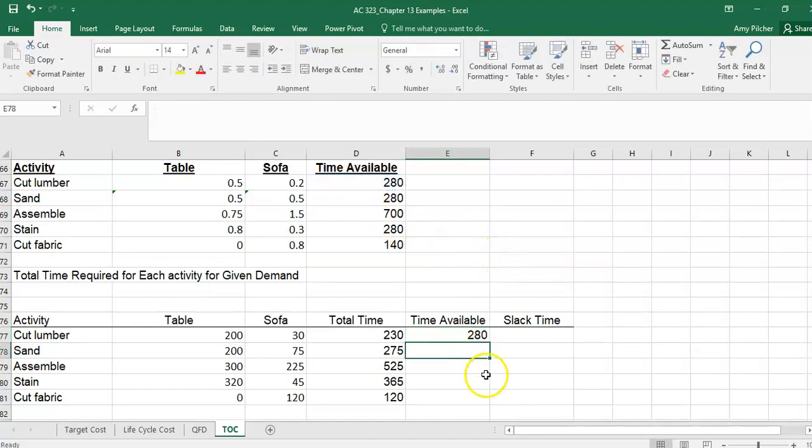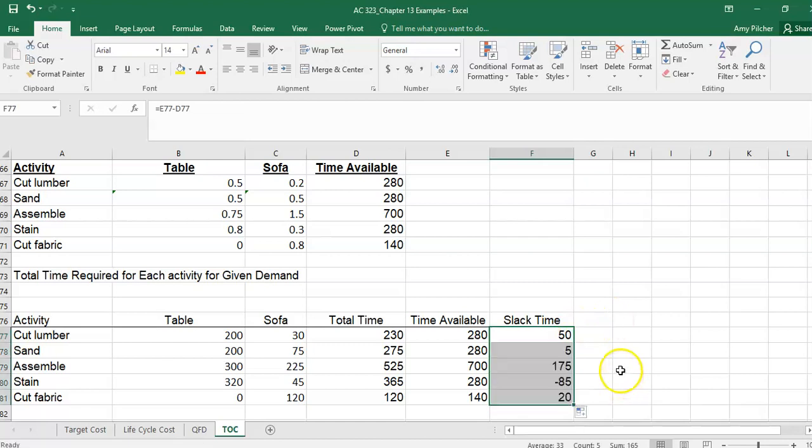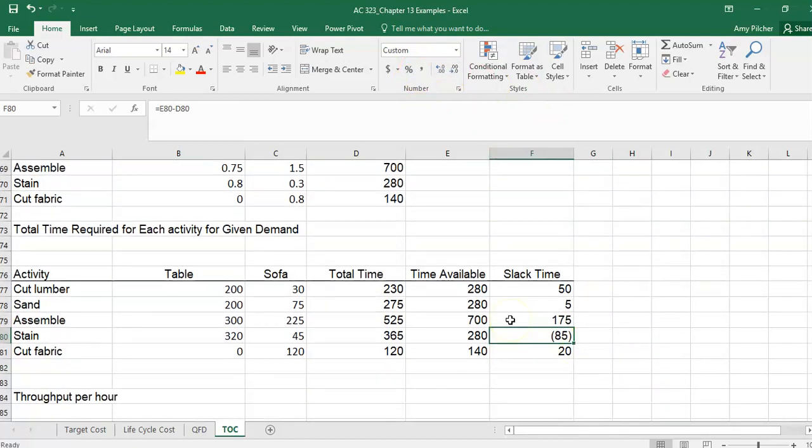We calculated our time available up here. So we take our time available minus the total time we have for demand. And we find that our constraint is in staining.